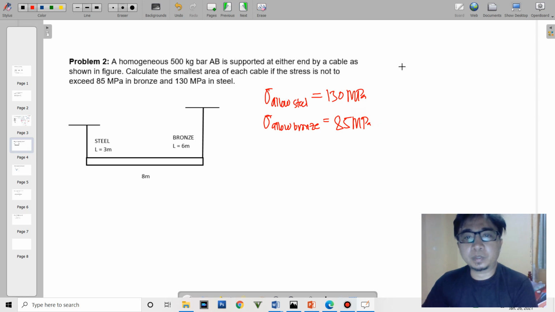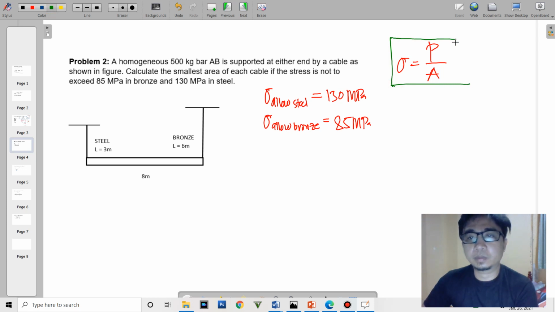So the solution is simple as long as you know what are the actual forces involved here. As you can see, the scope of strength of materials is only within this formula, P over A. And your task is to determine the internal forces, wherein we will now apply our knowledge in engineering mechanics.